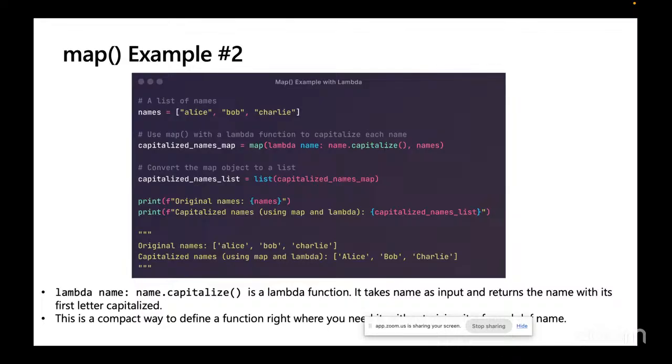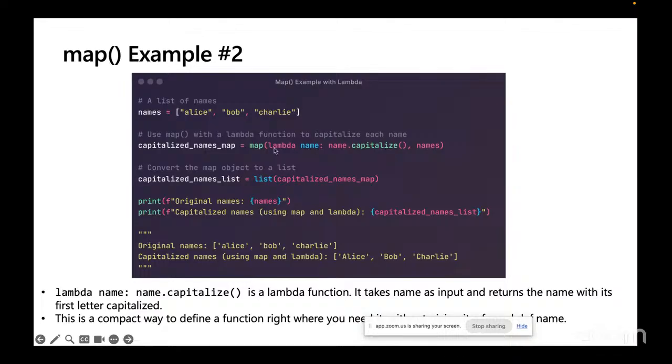function. So for that you use the keyword lambda, give one name, basically the argument name, and then after the colon you can perform your operation, right? So over here we have defined lambda, given the argument a name, and name dot capitalize is the operation we are doing.